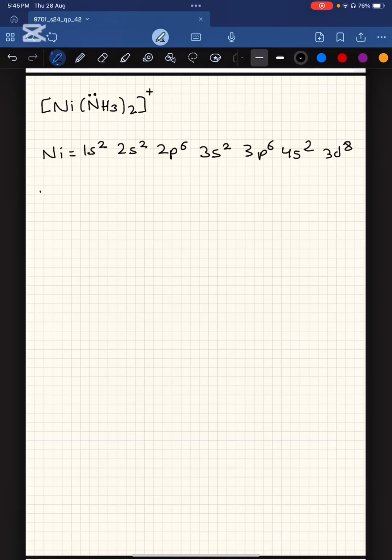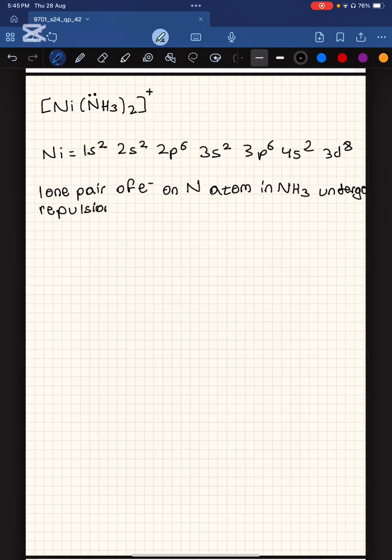I repeat, the lone pair of electrons on the nitrogen atom in ammonia undergo repulsion with the electrons present in the d subshell of the nickel ion. Does it make sense so far?